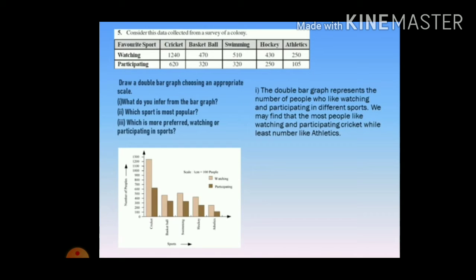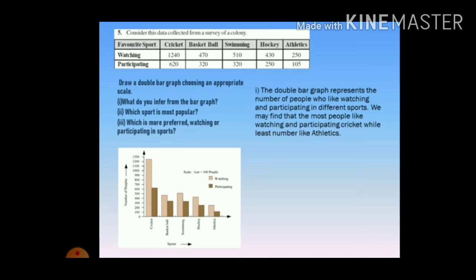That is, what do you infer from the bar graph? So we can say that the double bar graph represents the number of people who like watching and participating in different sports. We may also find that the most people like watching and participating in cricket, while the least number like athletics, right? So this is what you infer. Now the second part says which sport is most popular.